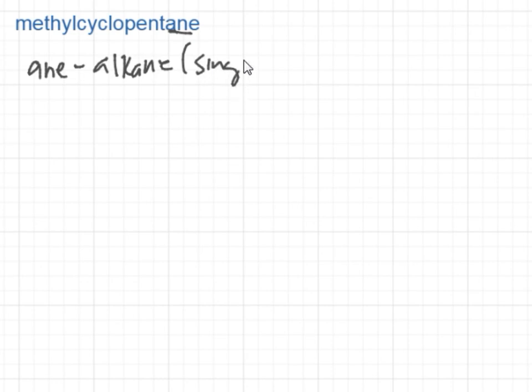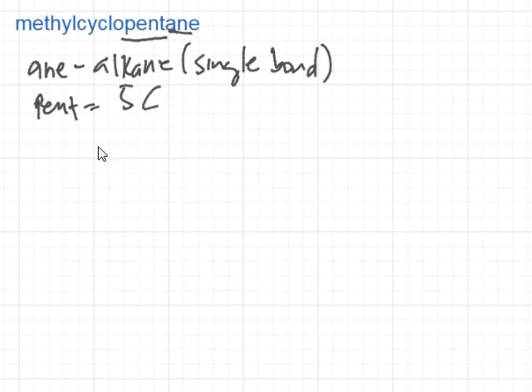Now, let's do methylcyclopentane. So, again, let us examine the entries here. So, the A and E at the end tells us that it's an alkane. And if it's an alkane, meron siyang single bond. Okay? And then, the pent tells us that it has 5 carbon atoms.